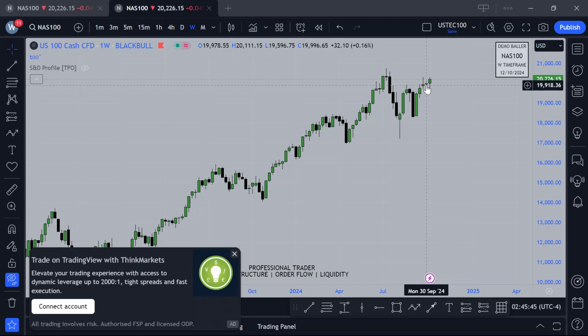For those who are position traders or swing traders or so on, you can still see that you are still safe in looking at liquidity above this level here. Okay, so we drop down to the daily because that's where most of us trade.